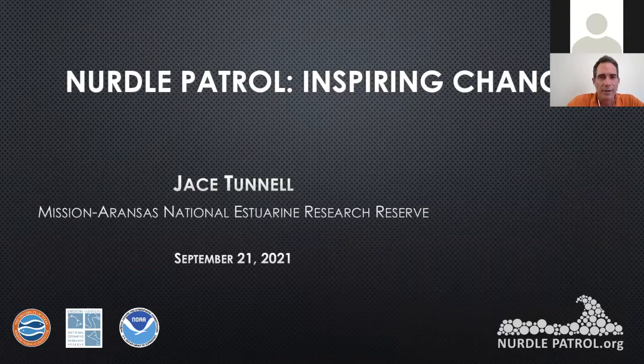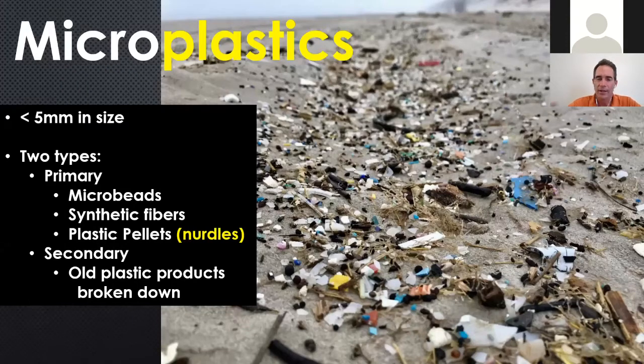So let's just kick right off here. I don't know how familiar y'all are with plastics or not, but really you look at macroplastics, which is anything larger than 5 millimeters. And then anything smaller than that, 5 millimeters, that's pretty small, is considered microplastic.